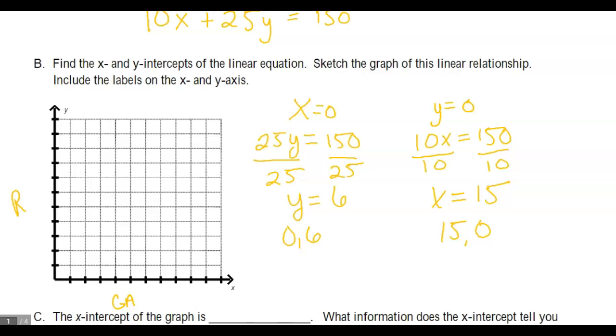So I can try to assign some values here that work. So I could make this 2 and make that 4 and make that 6, because that would let me do (0, 6).